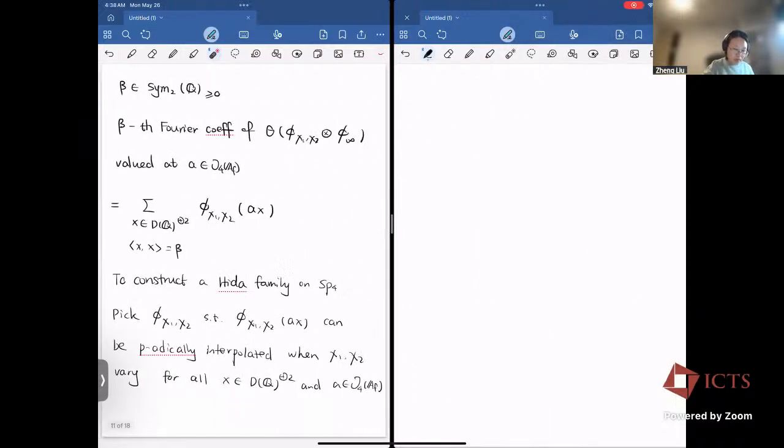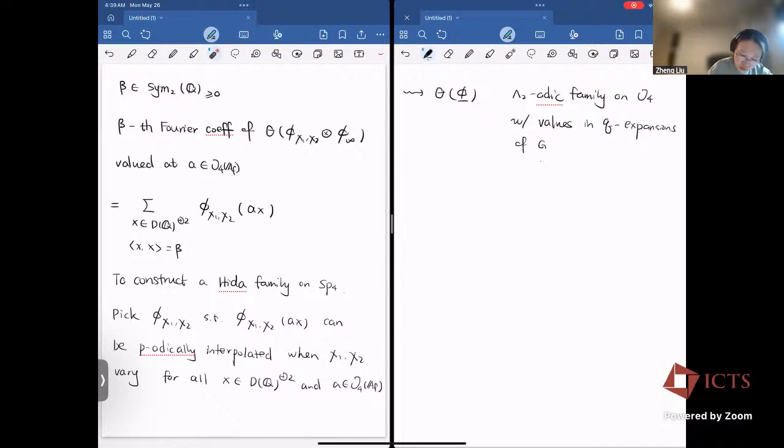And once we have this, we will be able to get this family of Schwartz functions, which I call phi underline, and this will be a Lambda-adic family on O4 with values in Q-expansions of GSp4.